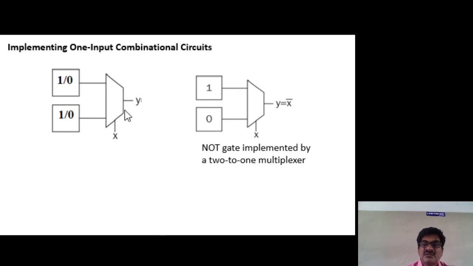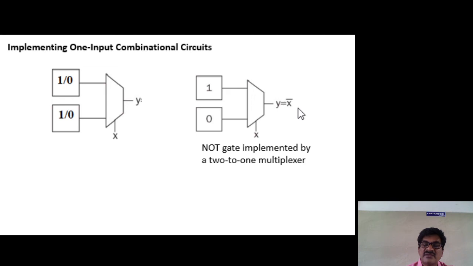Now for realizing a NOT gate, a 1-input lookup table is considered. See here, the data in the flip-flops is like this. In the first flip-flop the value is 1, in the second flip-flop the value is 0. Let us see what will happen. Suppose the x value is 0, what is the expected output?